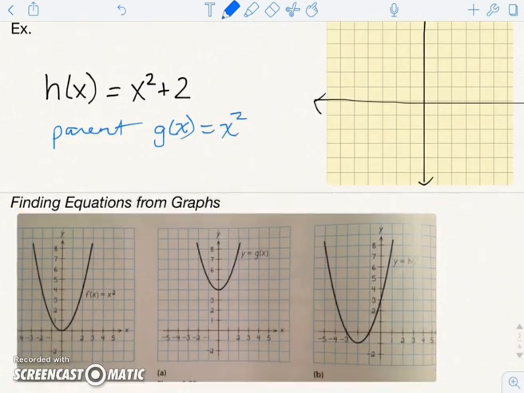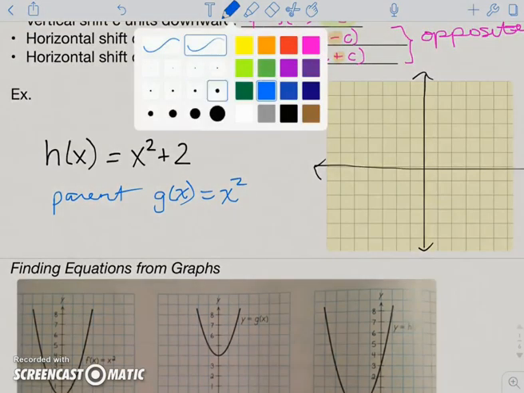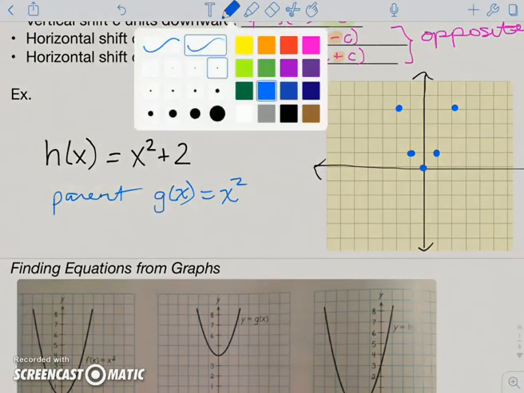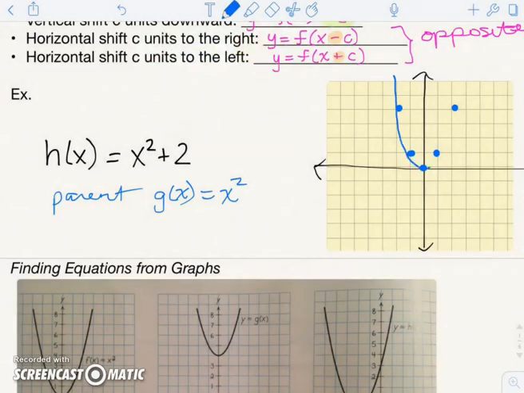Just a plain old parabola without any transformations. Hits at the vertex, hits at the points 1, 1, negative 1, 1, 2, 4. I'm just doing this so that we have a little bit of a rough sketch here. There's my parent function. So I'm going to label this g of x, the parent function.